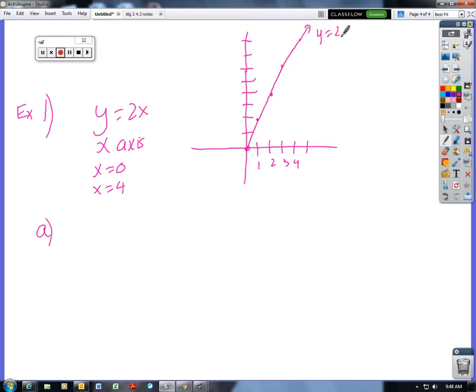There's y equals 2x. I'm drawing a nice picture because I'm going to have to use geometry, so I need a good, accurate drawing. And then the line x equals 0, so that's here, and then x equals 4.